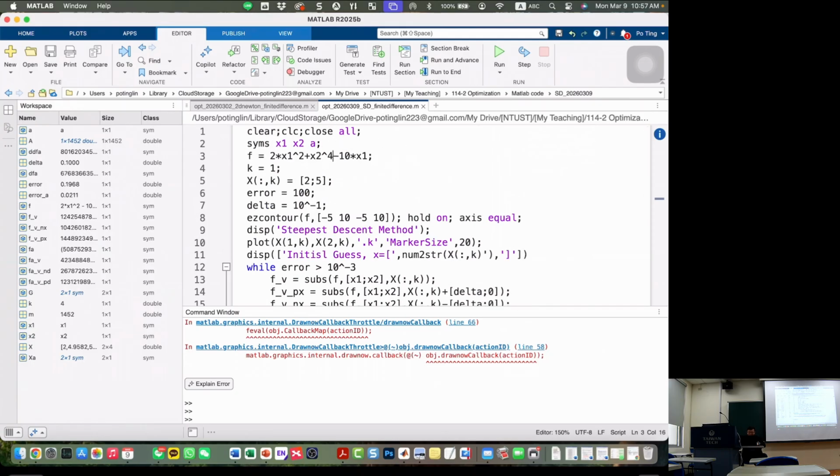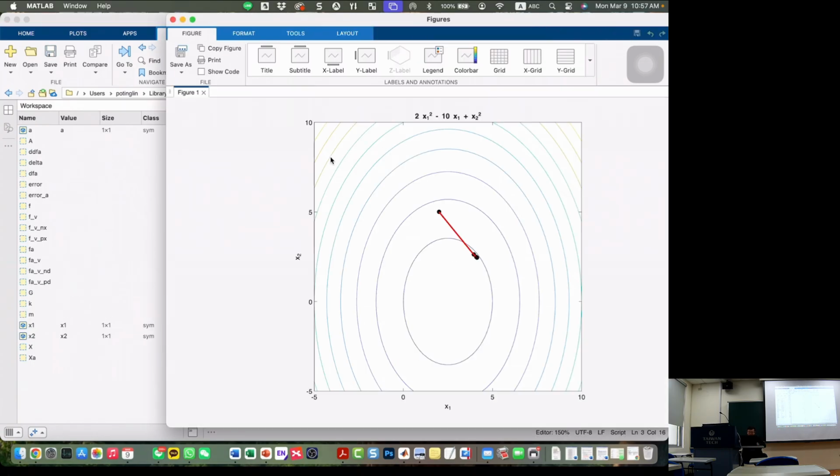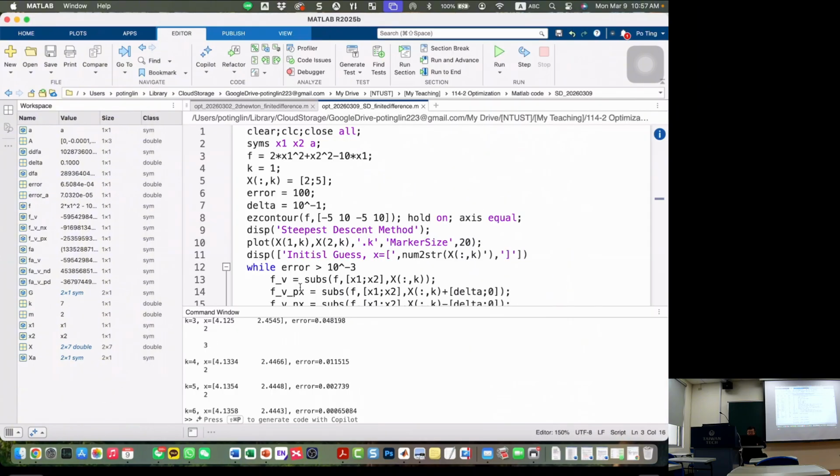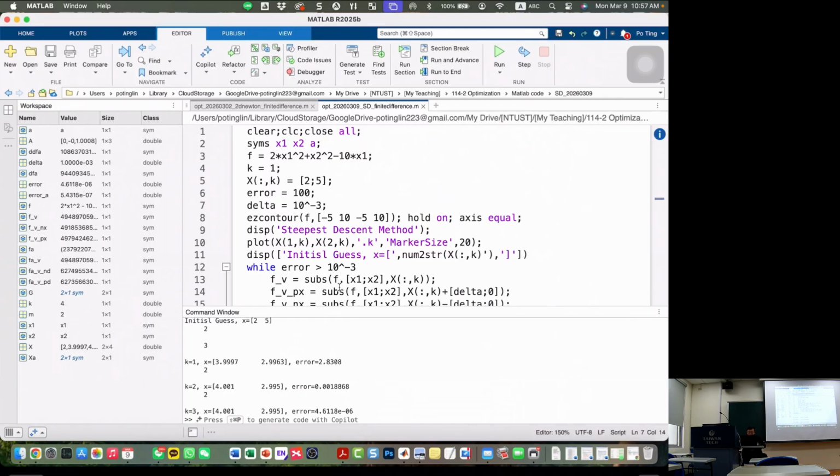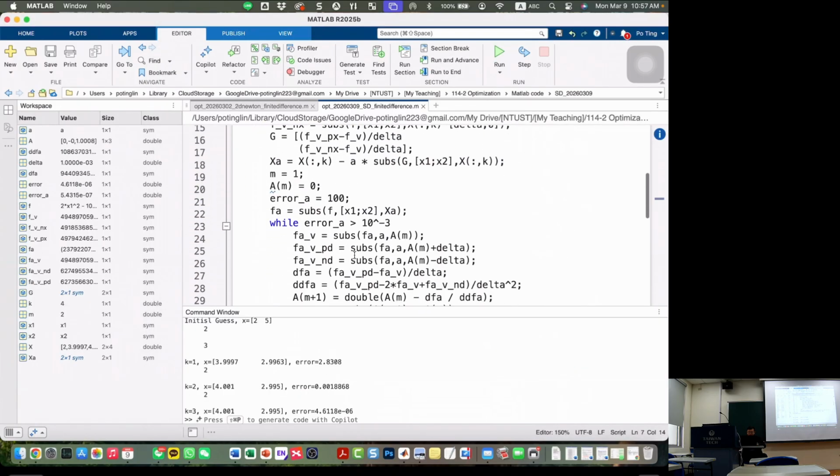Let's try to solve a simple problem first. Okay, something is wrong with my finite difference here. I think I made a mistake somewhere. Let me see.